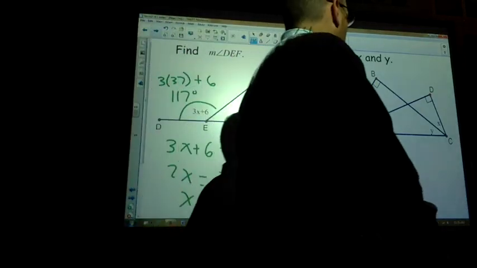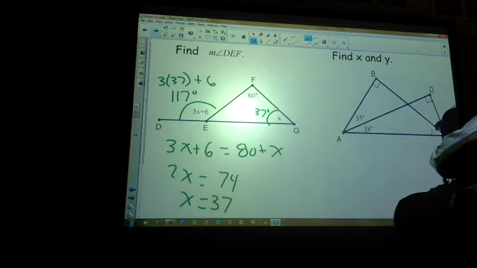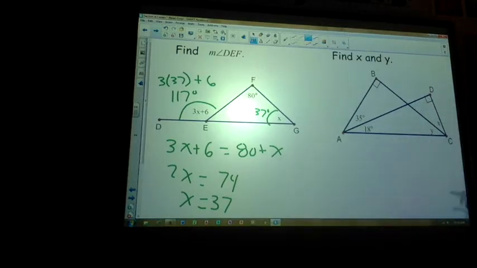All right. Find x and y. So we were trying to figure out these two angles here.